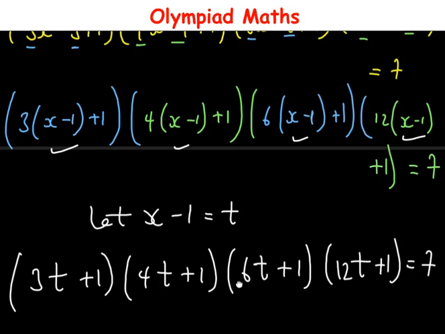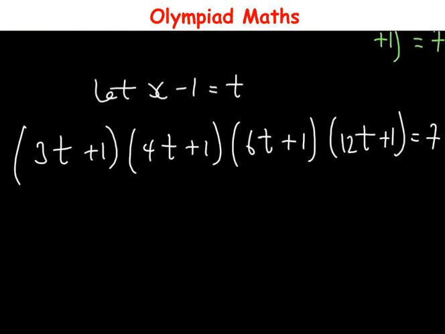With this, what you are going to do is to multiply the equation such that we have 12t in each bracket. To have 12t in each bracket, we multiply 3t times 4, 4t times 3, and 6t times 2.